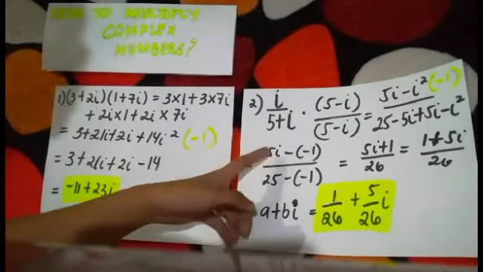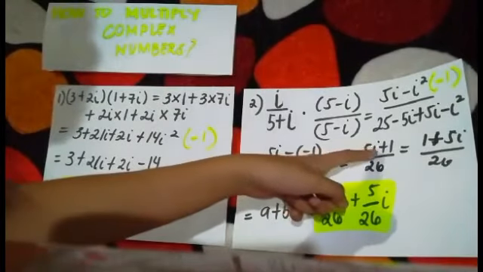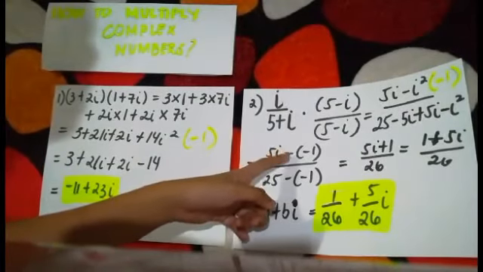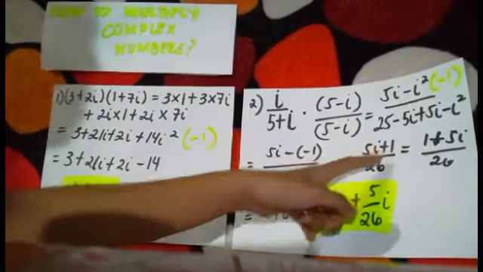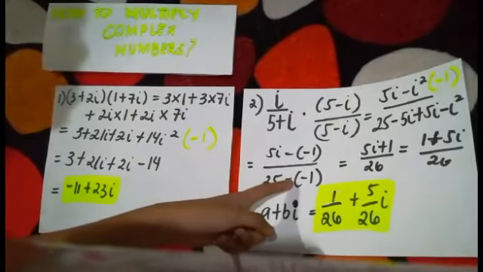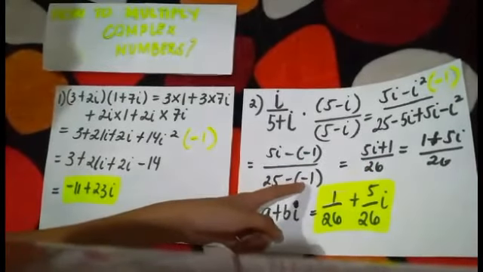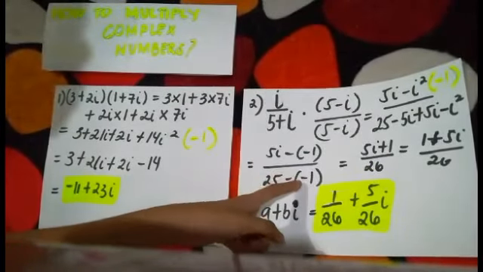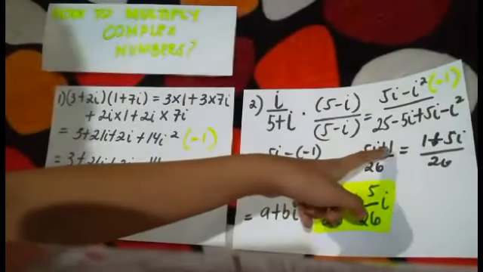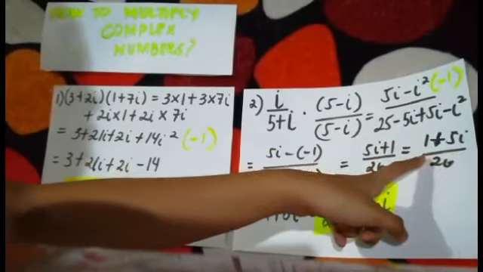Then 5i minus negative 1 is 5i plus 1, because negative times negative is positive. Then 25 minus negative 1 is equal to 26, because 25 plus 1 is equal to 26. Then 5i plus 1 over 26 is equal to 1 plus 5i over 26.